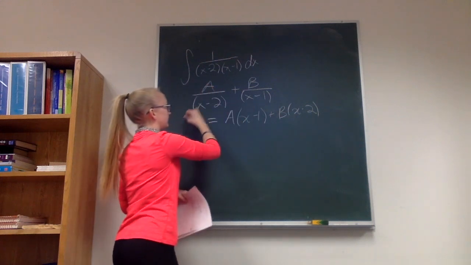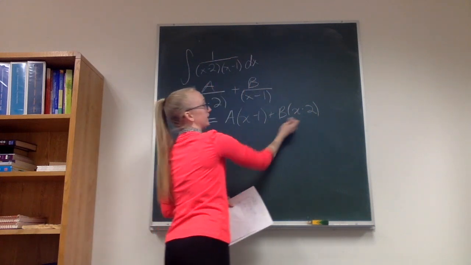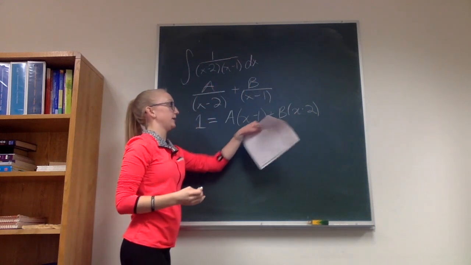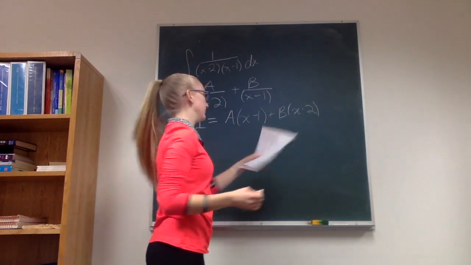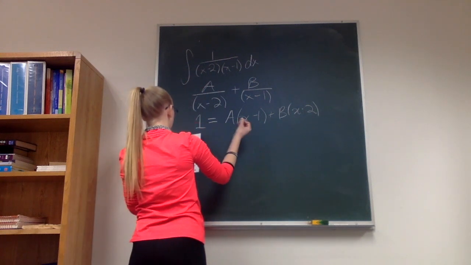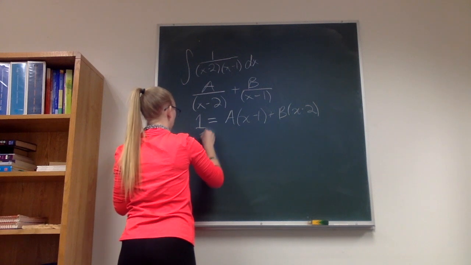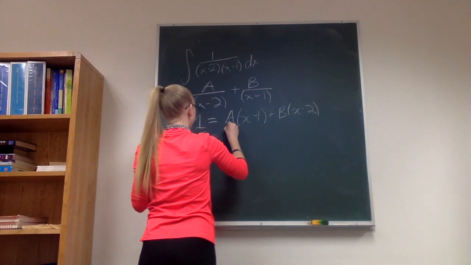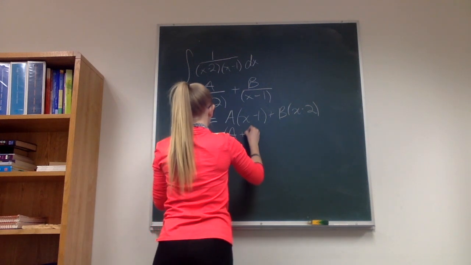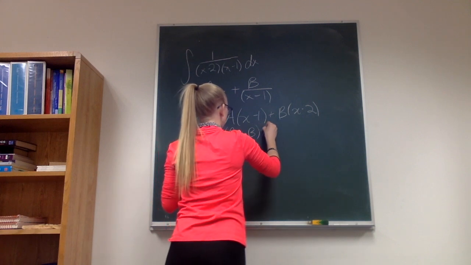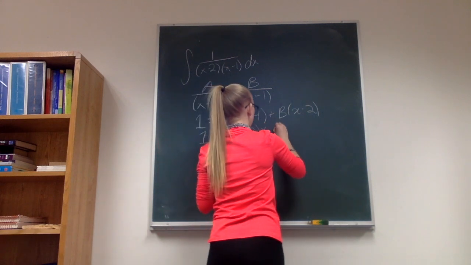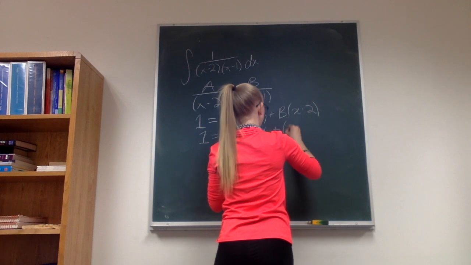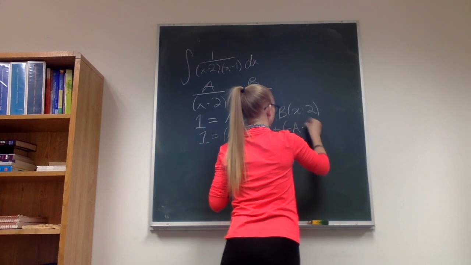We did the same process where we multiplied both the denominators through, so we're left with the opposite denominator for each a and b. So from here, when we put it together, we get 1 equals (a plus b)x plus (negative a minus 2b).